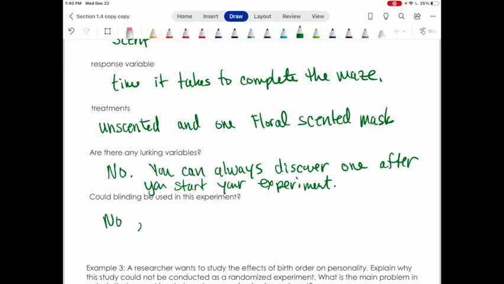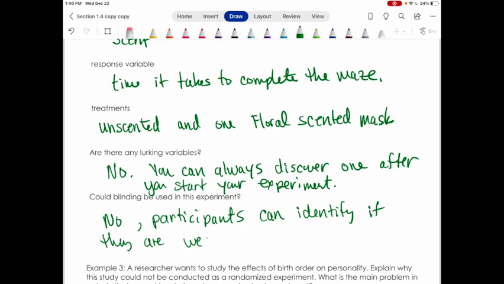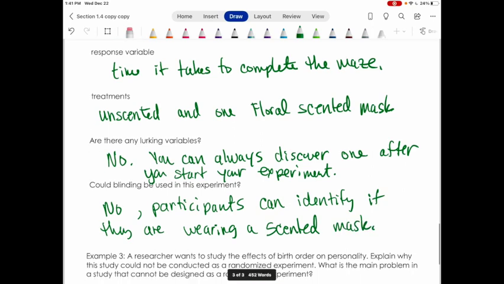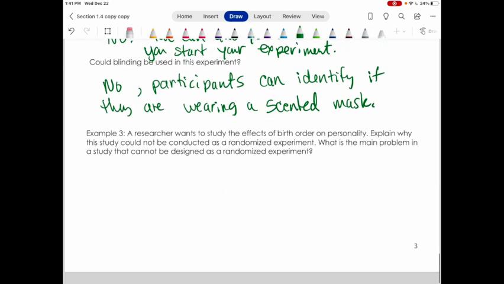So I'll write it down as no. Participants can identify if they are wearing a scented mask. Okay, example 3.